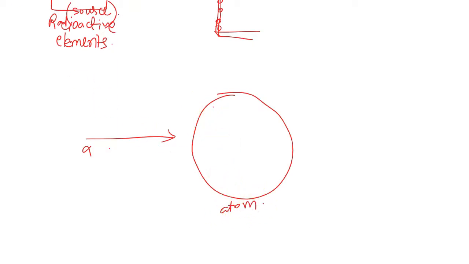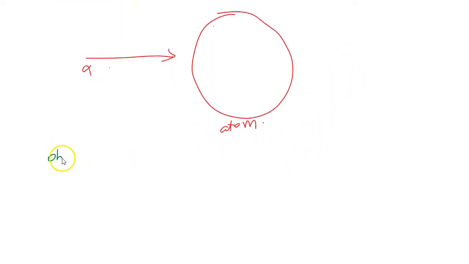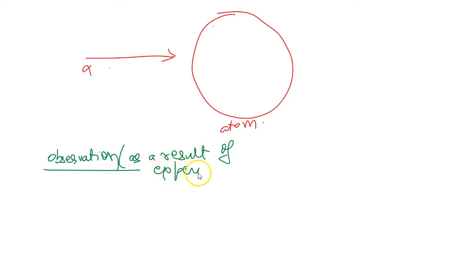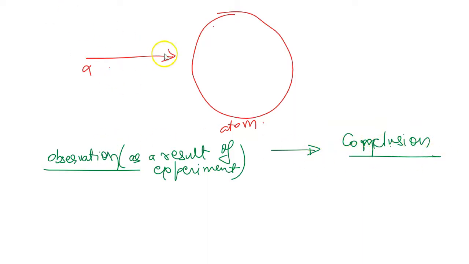So let us write down the observation, because based on observation only we will conclude what the theory could be and what theory Rutherford derived. So here we will see the observation, which is a result of the experiment, and based on this observation we will derive the final conclusion. So first he saw that most of the alpha rays went undeviated.